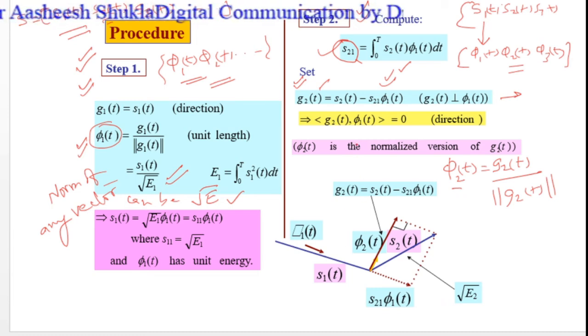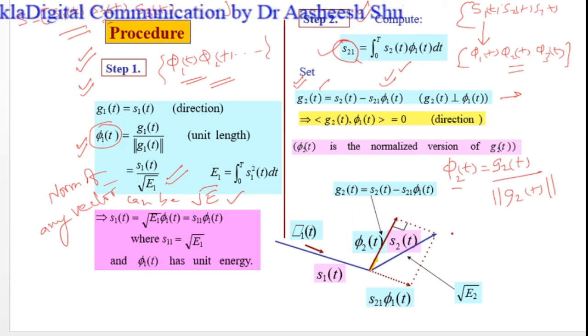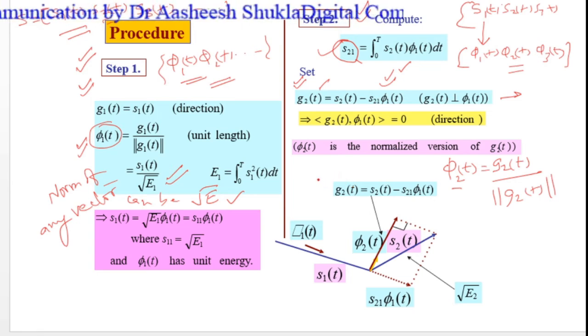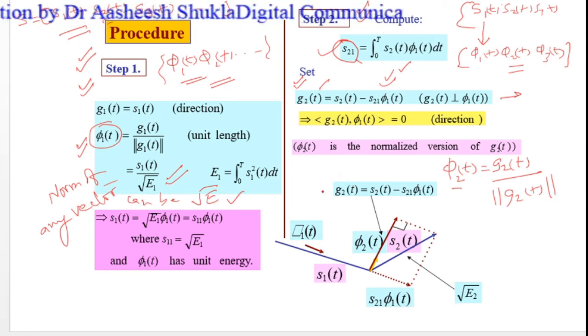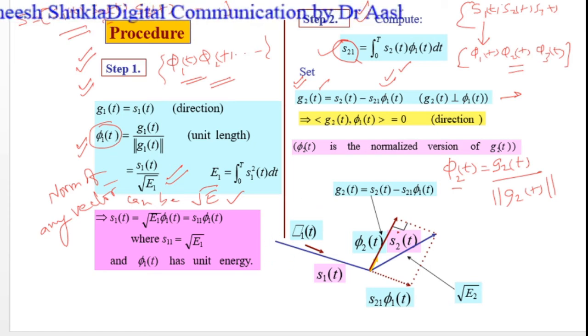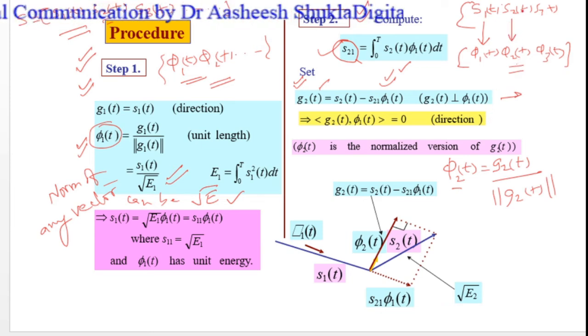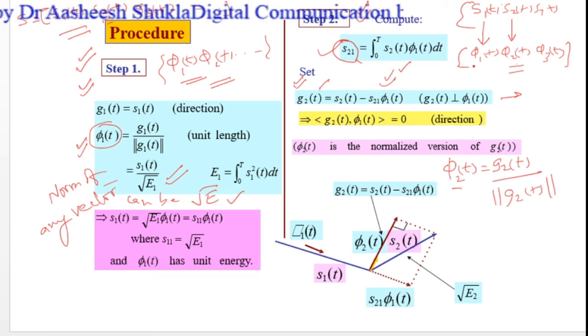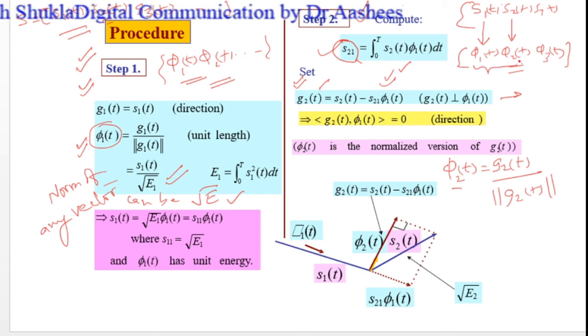And hence we can find phi 3(t) and phi 4(t). When we go for phi 3(t), the existing vectors will be two vectors, phi 1(t) and phi 2(t). What we have to see now is that the vector we are going to find should be perpendicular to phi 1(t) as well as phi 2(t). This is important. Now we have two vectors with us, phi 1(t) and phi 2(t), and both are perpendicular to each other.